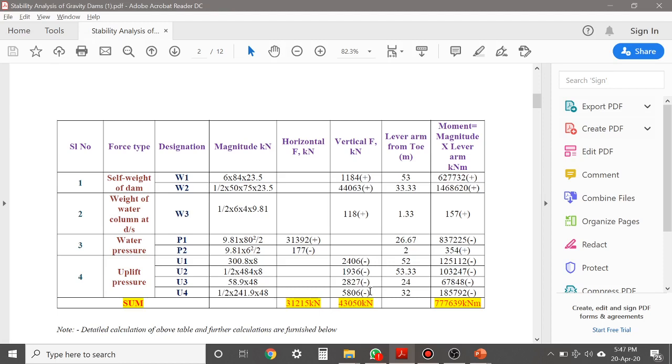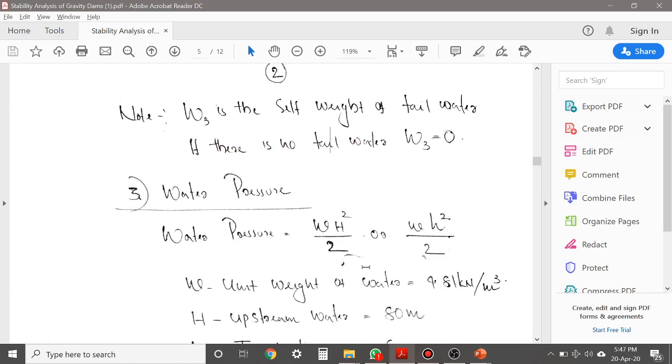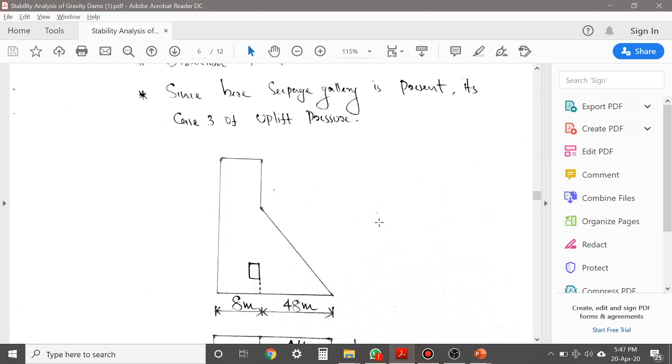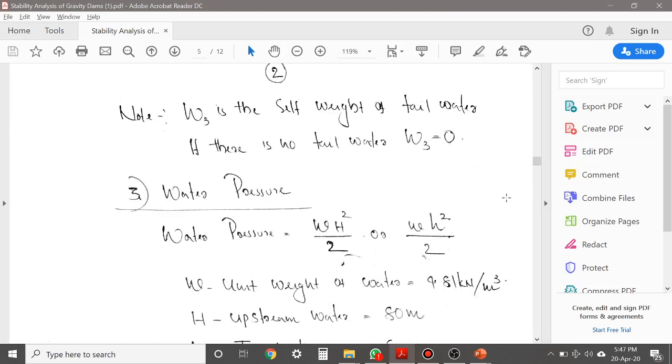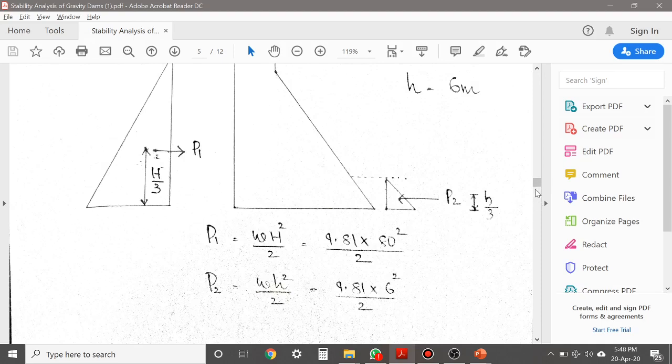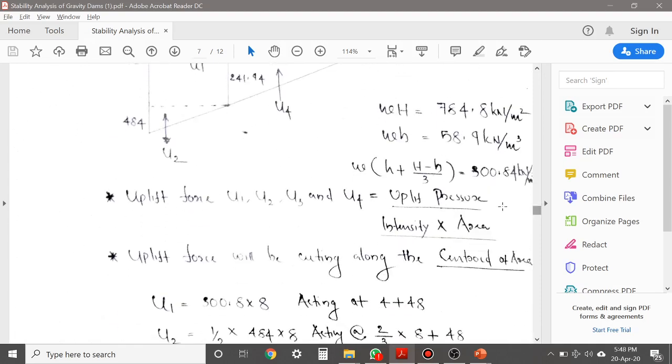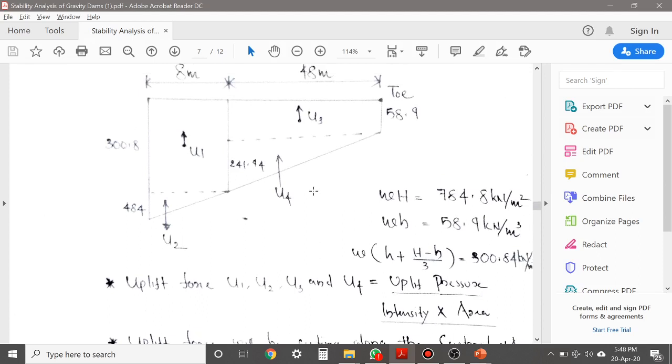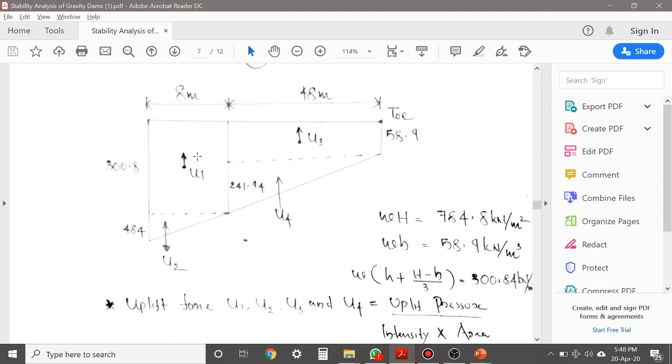Now, in order to calculate the lever arm distance, every time we calculate the lever arm distance up to the toe. So if you take U1, you know that U1 will be acting at the centroid of this particular rectangle.